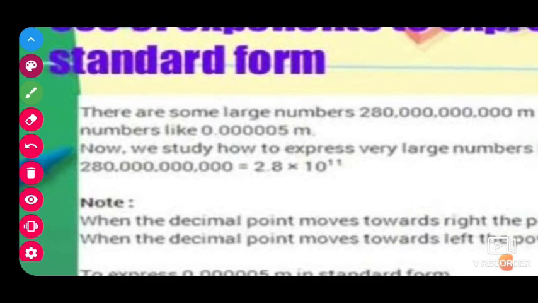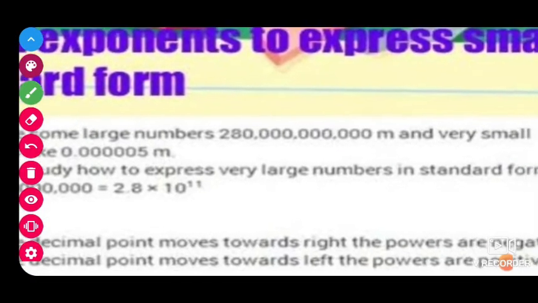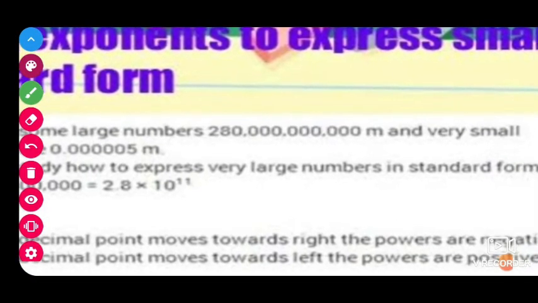Here, there are some large numbers like 20. Here, see, how many zeros are there? Oh my God. If it is in the international form like ones, thousands, millions and billions, if you want to read it, it will take a lot of time, no?